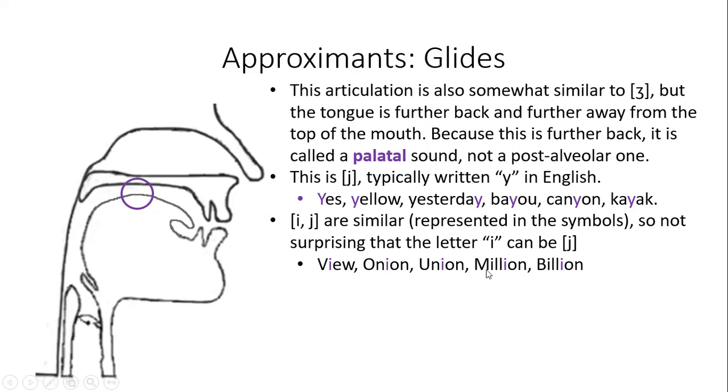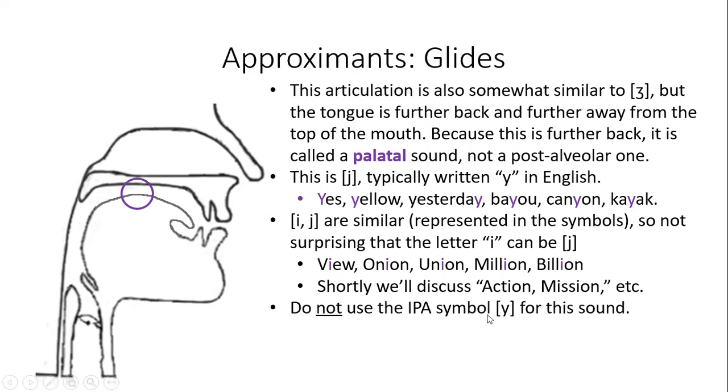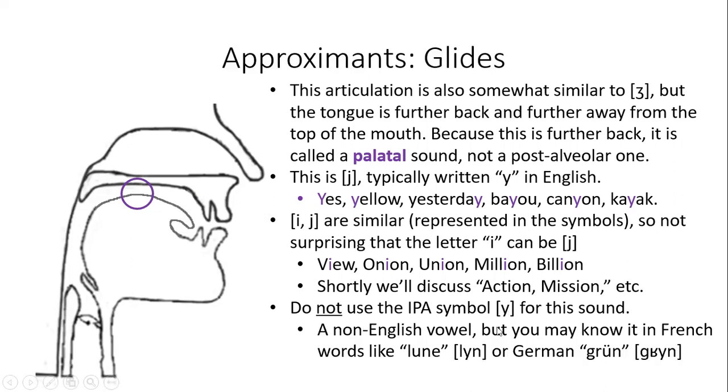But if you say million, billion, it is a Y. We'll talk in a little bit about cases like action and mission. That's a little bit of a special case. Just make sure you're not using the IPA symbol that looks like a Y for this sound.